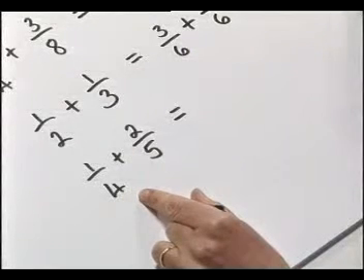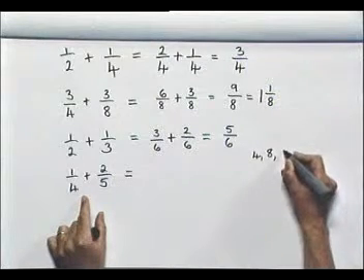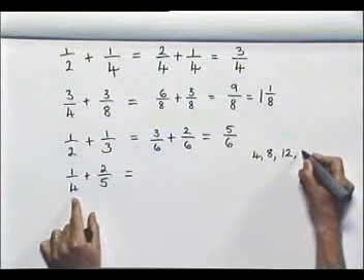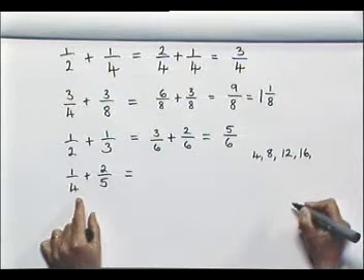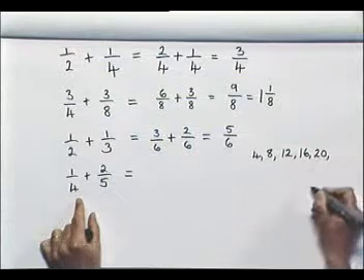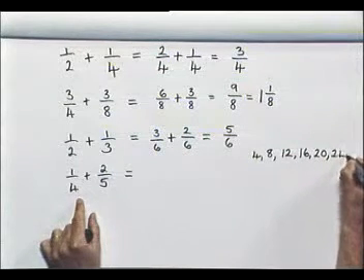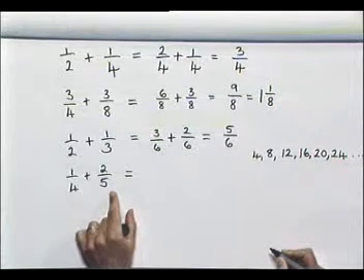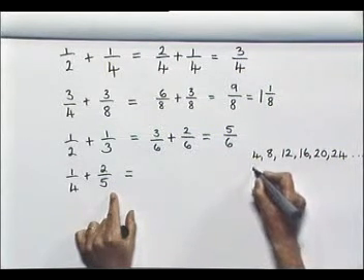Let's start with 4. Well, 2 4s are 8, 3 4s are 12, so these are all multiples of 4: 16, 20, 24, and so on. And let's have a look at numbers that 5 fit into.